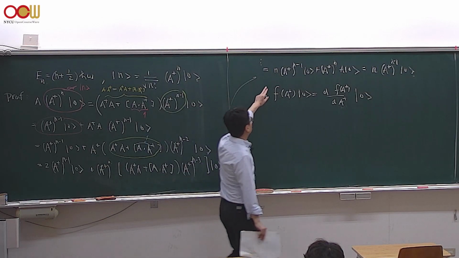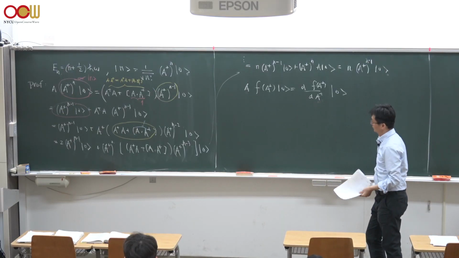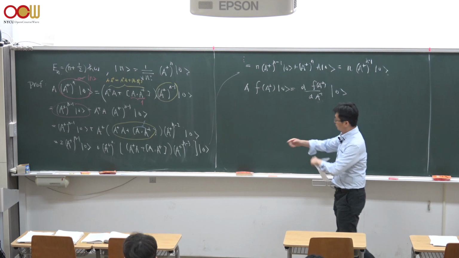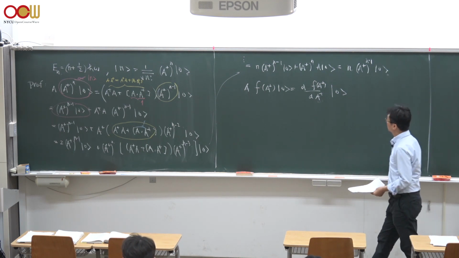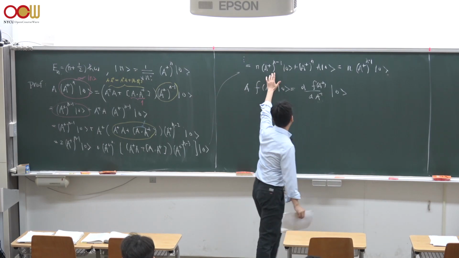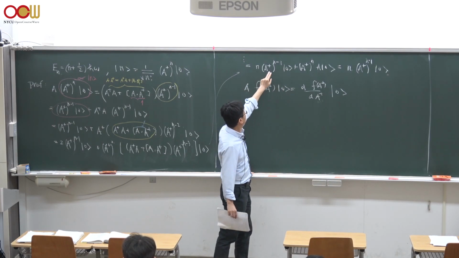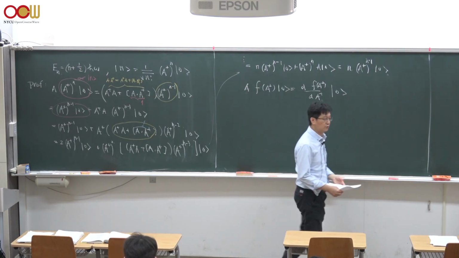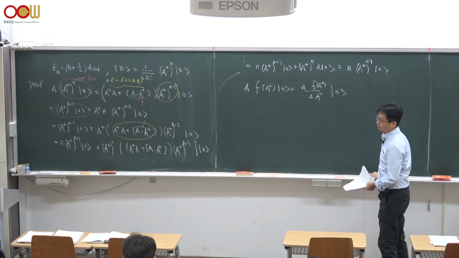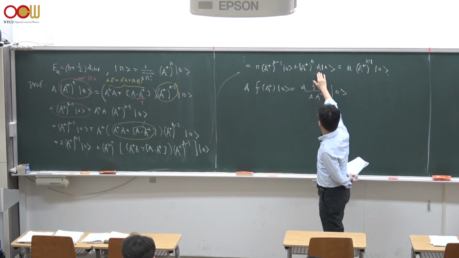So after, say, n times of repeatedly using this commutation relations, you get the almost final expression, which means that the prefactor in front of the A dagger to the power of n minus 1 is actually n, because you repeatedly use this commutation relation n multiple times. But of course there's remaining factor, which is the very last step.